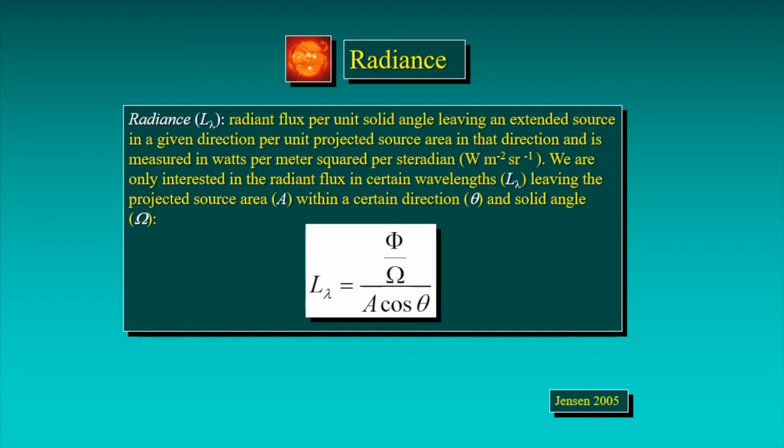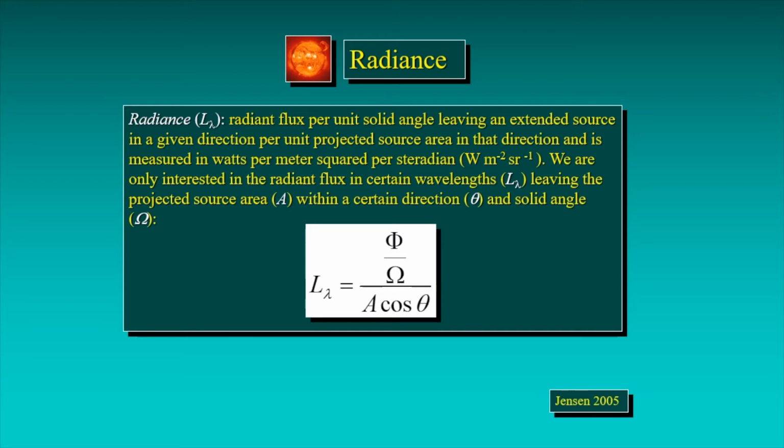And that is the radiant flux per unit solid angle leaving an extended source in a given direction per unit projected source area in that direction. And it's measured in units of watts per meter squared per steradian.